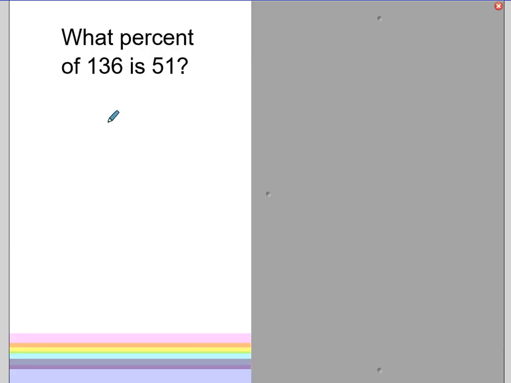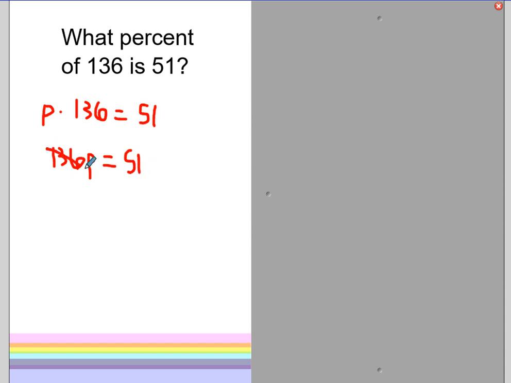So I have what percent of 36 is 51? So I'm going to have my percent of, so multiply, 136 is equals 51. So if I were to rewrite this to look a little bit nicer and more algebraically correct, we could write it as 136p equals 51.